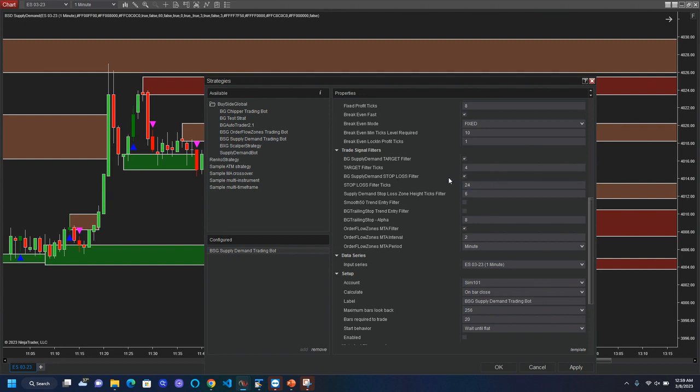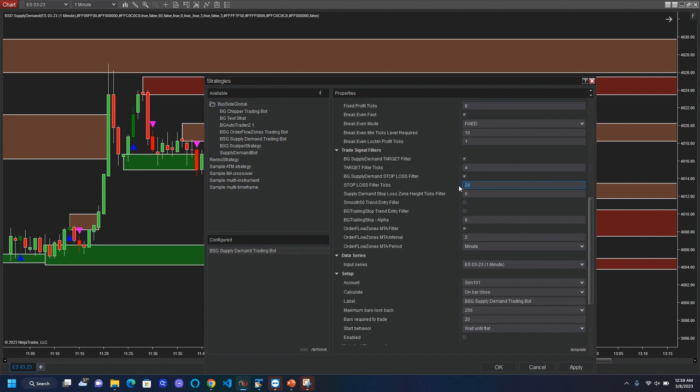When you enable the supply and demand stop loss filter and enter a number here, for every signal the bot is going to check where the current price is and where the nearest demand zone is. It will calculate the difference from the current price to the demand stop loss, and if it is more than the number that we entered, the bot will ignore the trade.